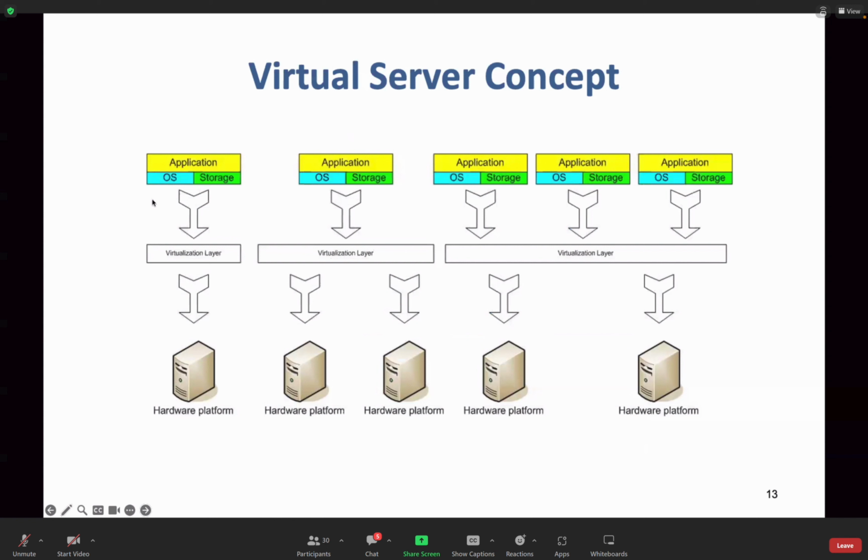So multiple apps can run on a single piece of hardware, or a single application can run on multiple pieces of hardware. Just like in a data center, a set of hardware platforms can support a set of applications. So many servers, many applications.